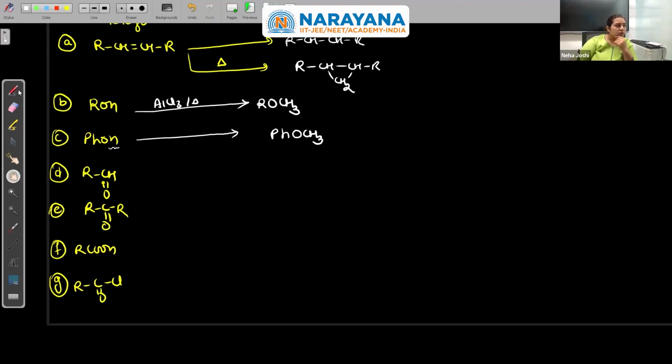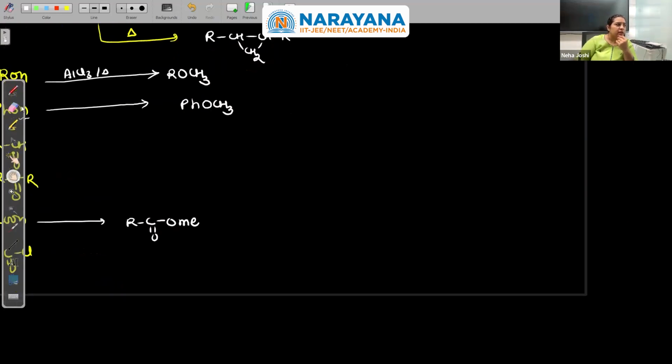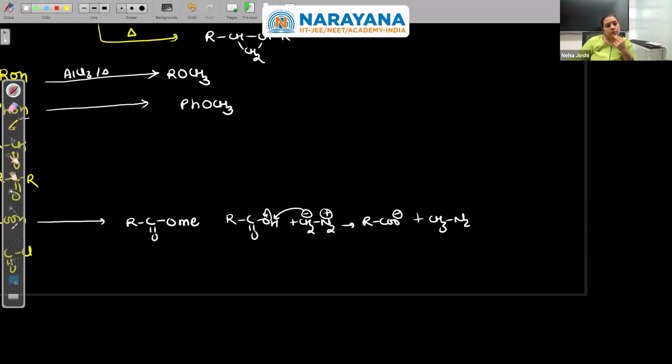Let's move to the rest. Now again, with acid, you will again have methyl ester formed. In all of these reactions, for carboxylic acid, if I say what is happening, RCOOH plus CH2 minus N2 plus gives RCOO minus plus CH3N2 plus.